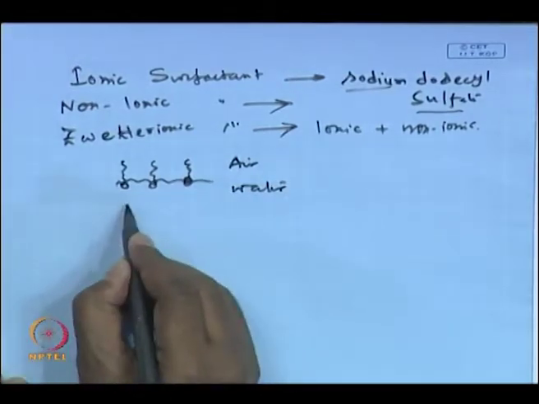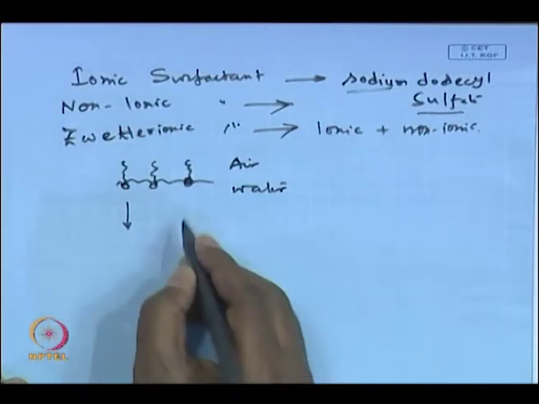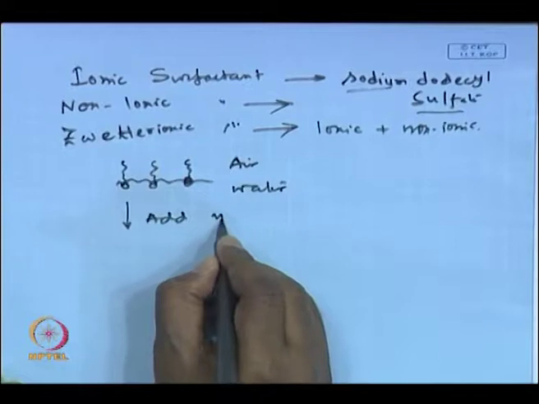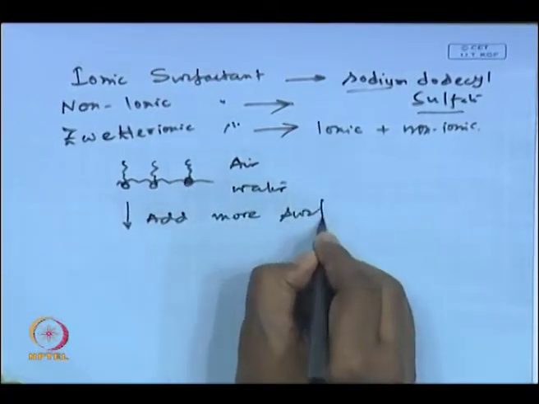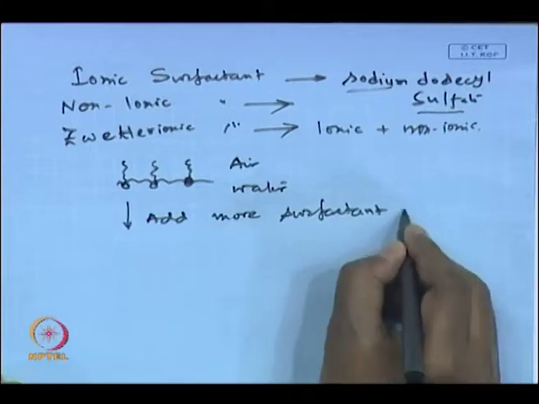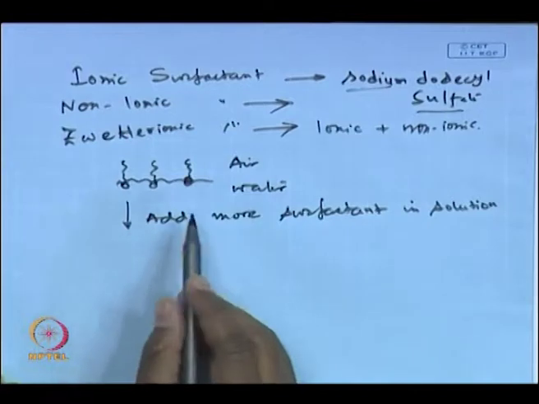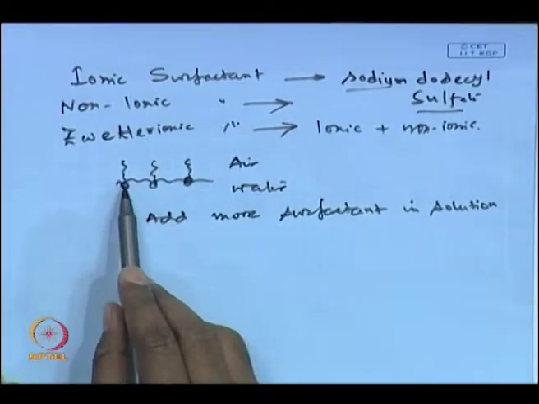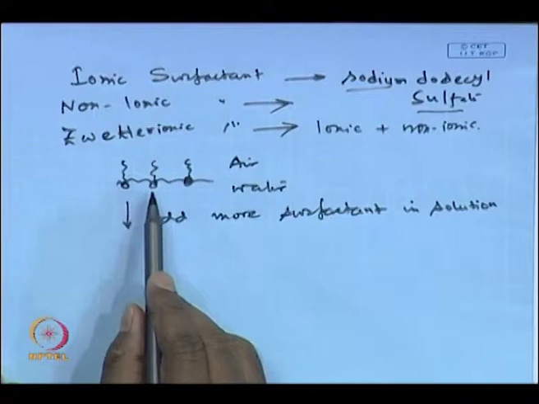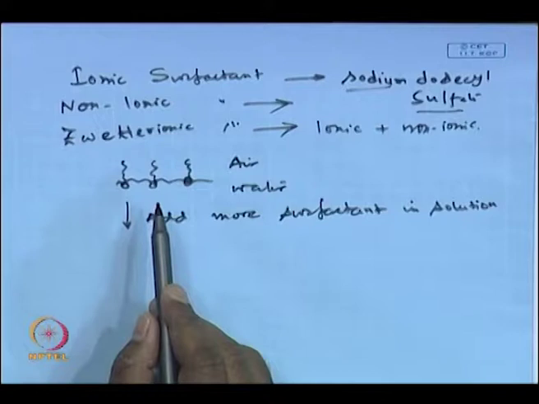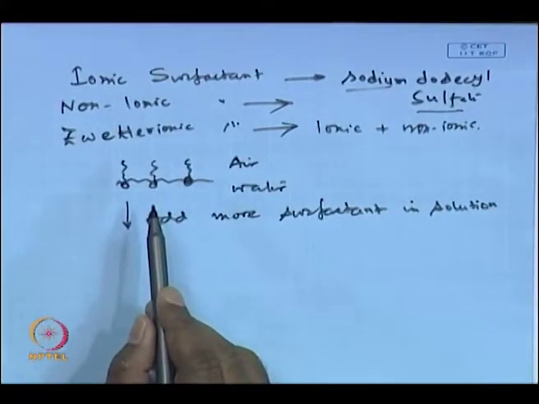Now, if you keep on increasing the concentration of surfactants, adding more surfactants into the solution, then what will happen? This surface will no longer be accommodating the surfactant molecules. What will these surfactant monomers do? They will form globules to achieve the minimum energy configuration that is thermodynamically favorable and stable.